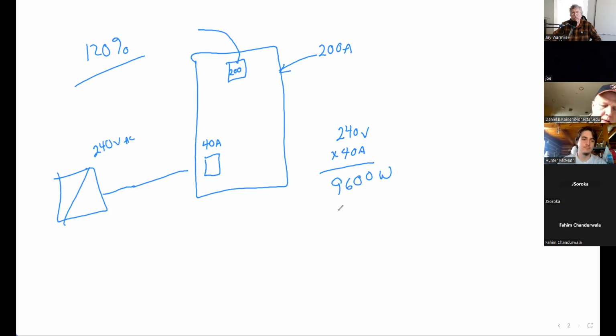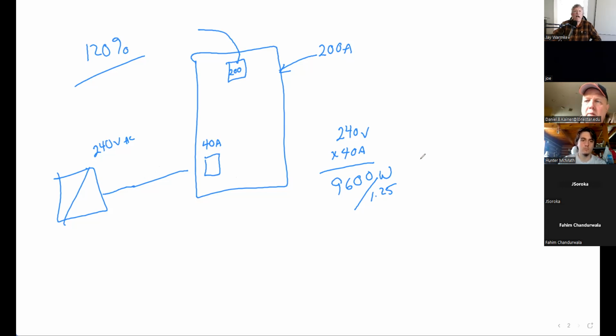So in theory, I can put a 9.6 kW inverter, but I can't. Why? Because we have to derate this by 1.25. We're putting a 40 amp breaker, but we can't run 40 amps on a 40 amp breaker because we have to have the 1.25 safety margin.